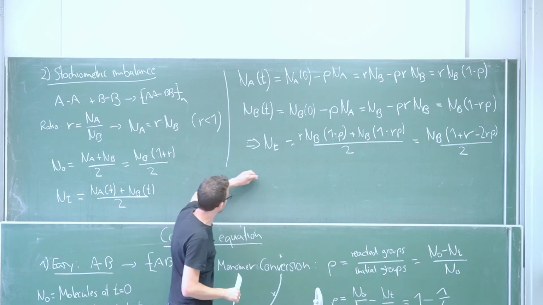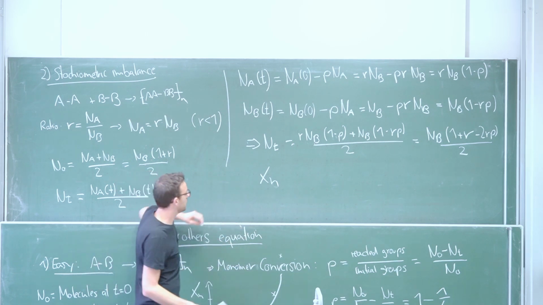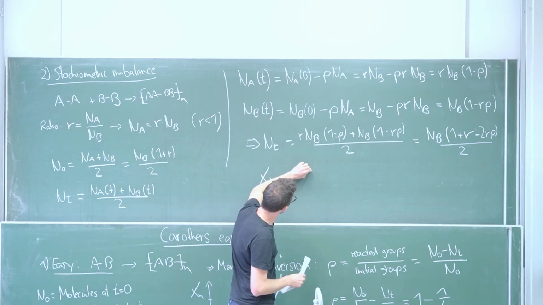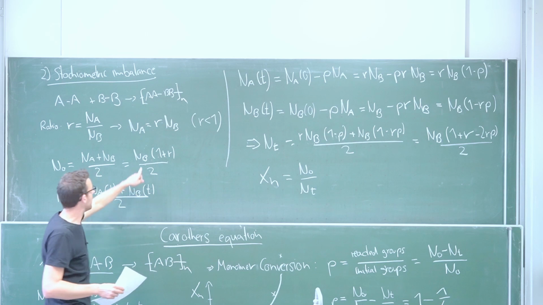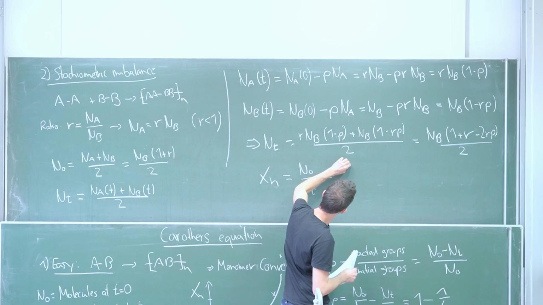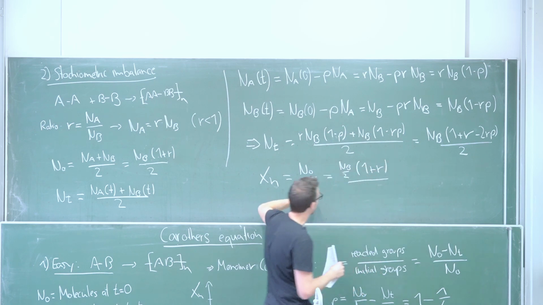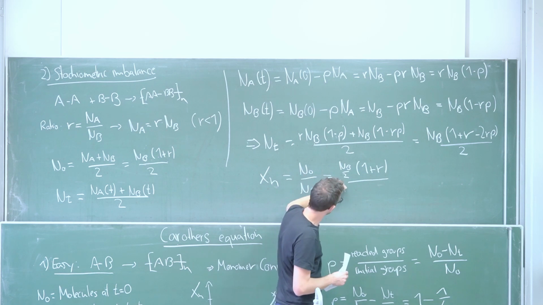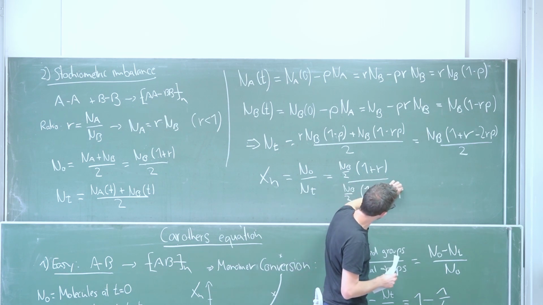We can now express our degree of polymerization, so how long the polymers will get, again as the fraction of N0 over Nt. And if we do so, N0 we have here, so this is Nb over 2 times (1 plus R), and we divide it by Nt, which is Nb over 2 times (1 plus R minus 2 R P).